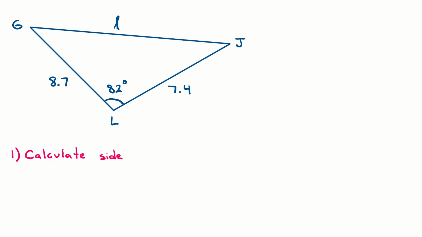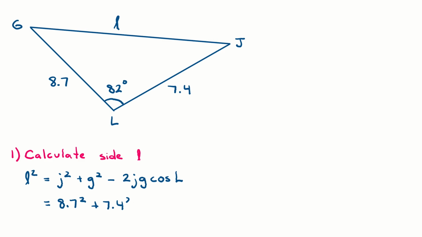side L. And remember how we're going to do this is L squared is equal to J squared plus G squared minus 2JG cos of L. Plugging everything in, we get 8.7 squared plus 7.4 squared minus 2 times 8.7 times 7.4 cos of 82 degrees.